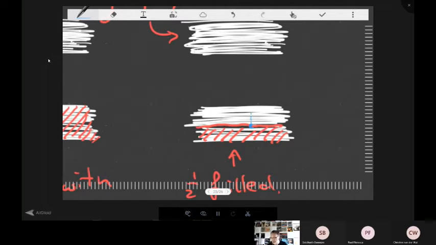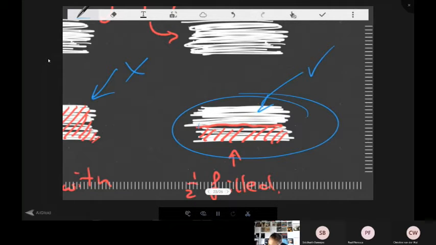So a half-filled band can take part in the conduction process. So there's no conduction here, and there is conduction here. But you also need to remember that even in this situation, the only electrons that can conduct are the ones at the top of the energy spectrum.